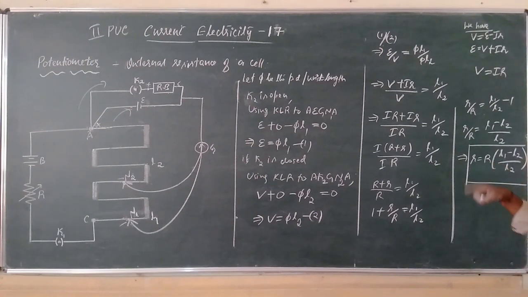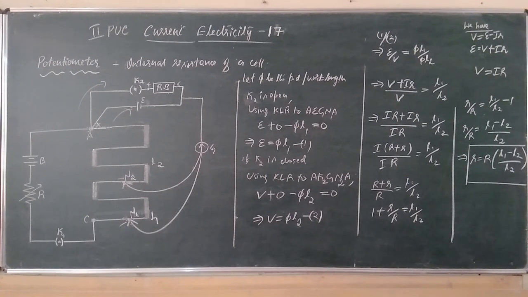R is the resistance unplugged in the resistance box, L1 is the balancing length for open circuit, for infinite resistance, when K2 is open. L2 is the balancing length for a finite value of resistance, when the resistance box is connected to the cell, when K2 is closed.